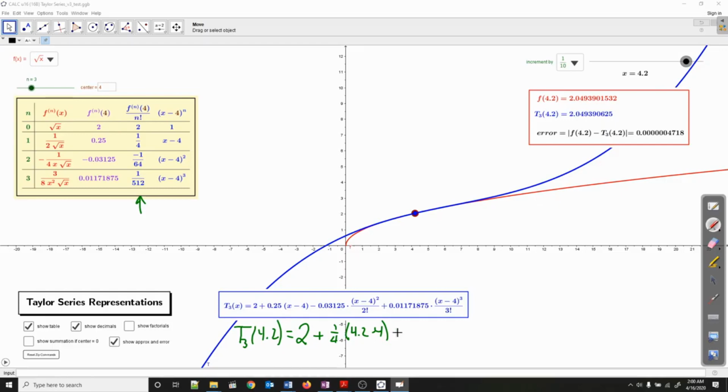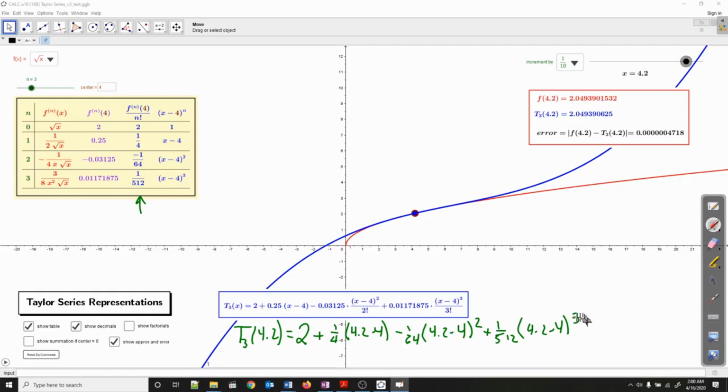If I want to make it a quadratic polynomial, I will subtract 1/64 times 4.2 minus 4 squared. And then to complete my third degree polynomial, I will add 1 over 512, and multiply that by 4.2 minus 4 to the third.